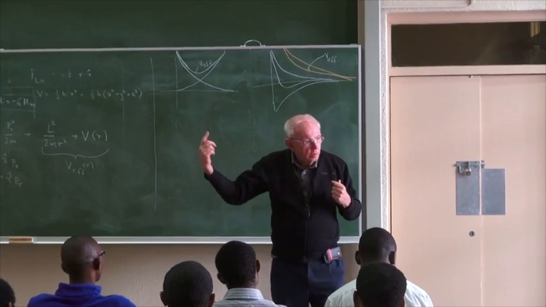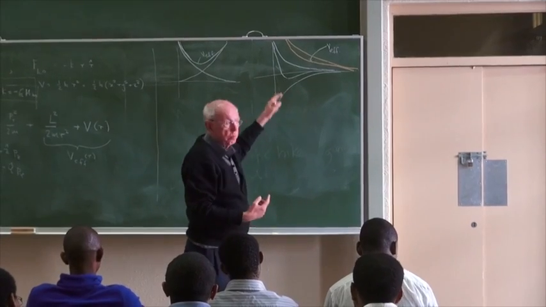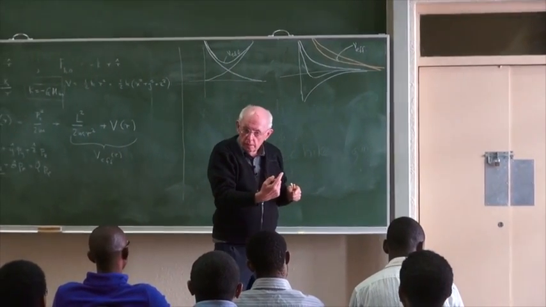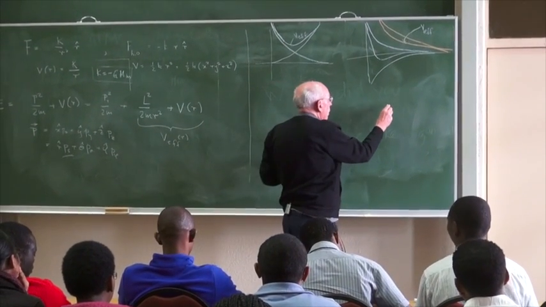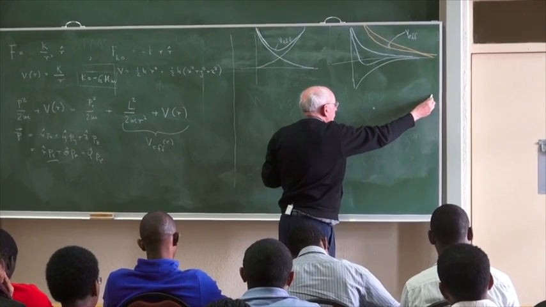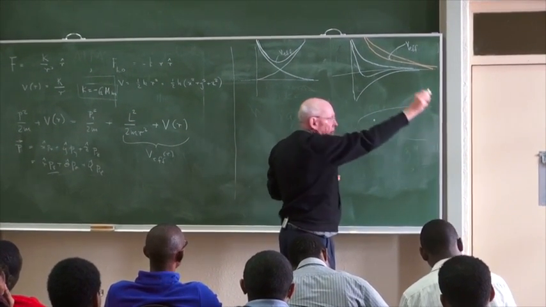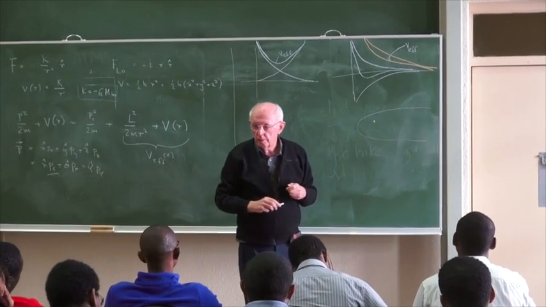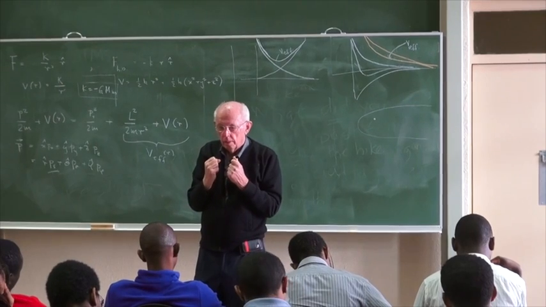It may come along here and come to a certain point, and then it turns around, like here's the sun. This thing comes around with a high angular momentum, and it turns around and it flies off again. It is not bound. Okay?